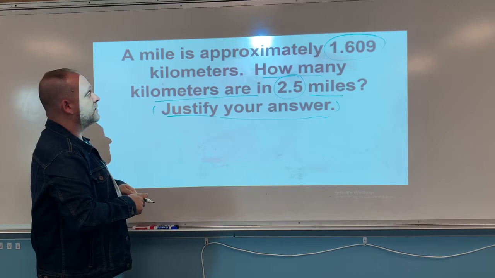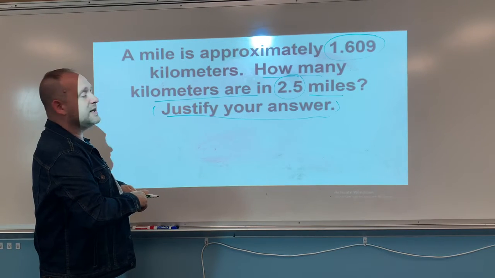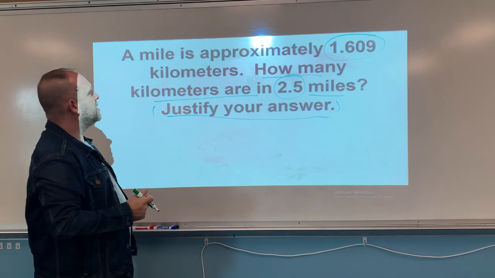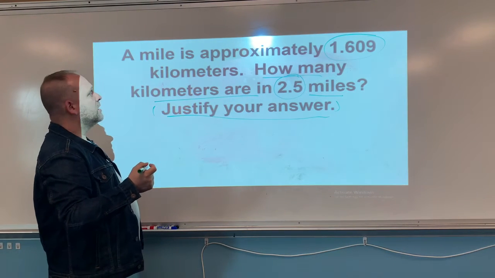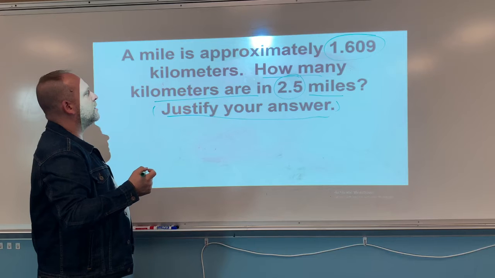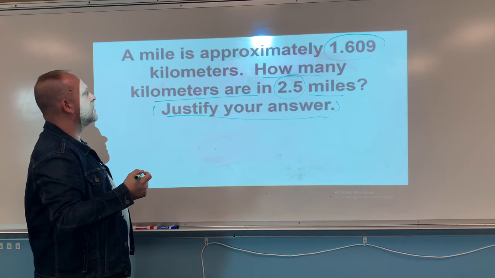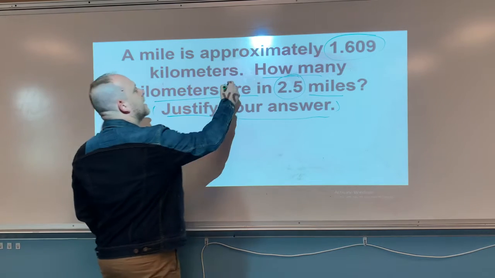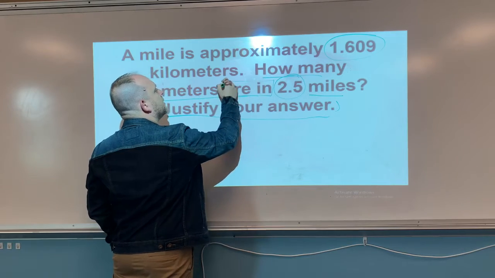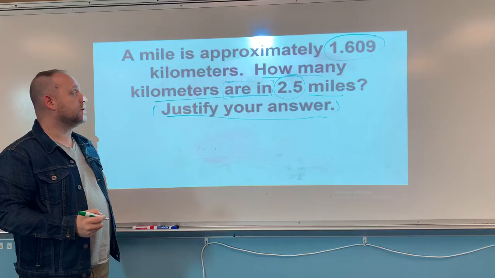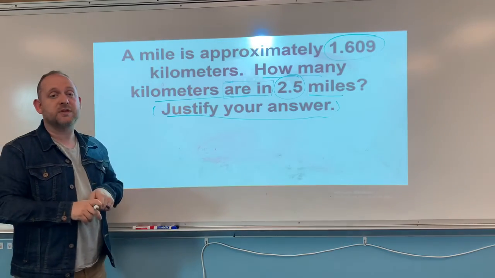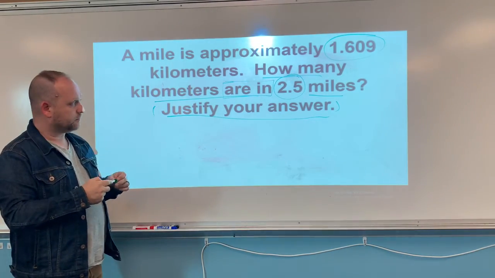All right, so we've circled, we've underlined, we need to box. I need to know what operation I'm going to use. So a mile is approximately 1.609 kilometers. That means I'm taking something and breaking it into equal size pieces, so I'm going to be using division.